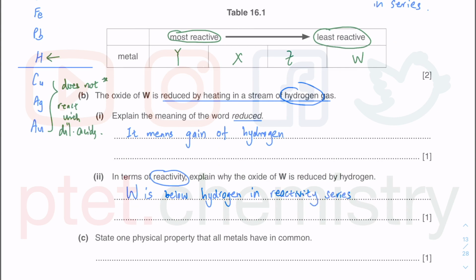Even though hydrogen is a non-metal, we know roughly where hydrogen is. All these metals below hydrogen do not react with acid, but you can get the metal from the oxide by reacting with hydrogen gas. That's reduction. So W is less reactive than hydrogen because it is below hydrogen.